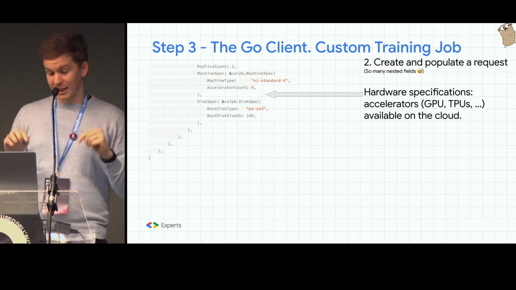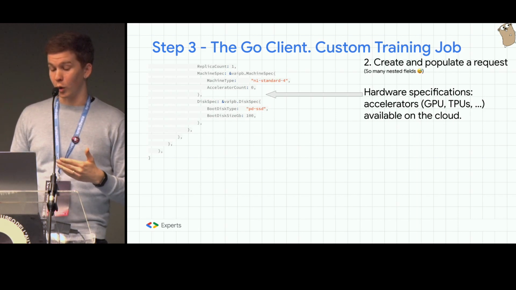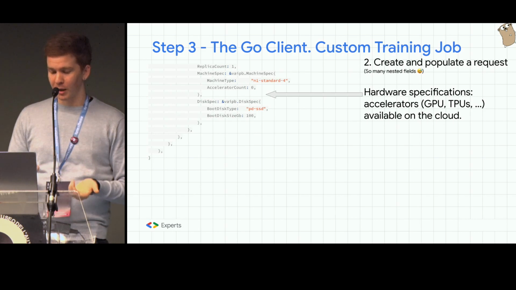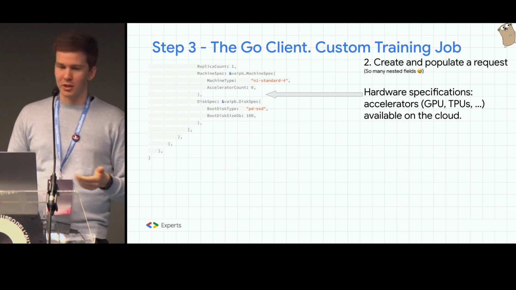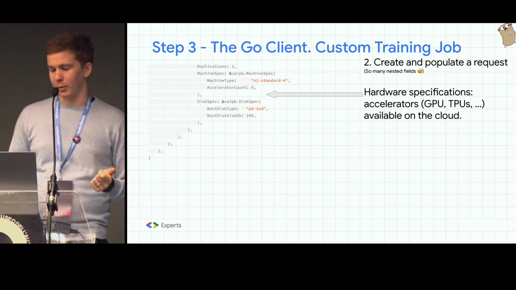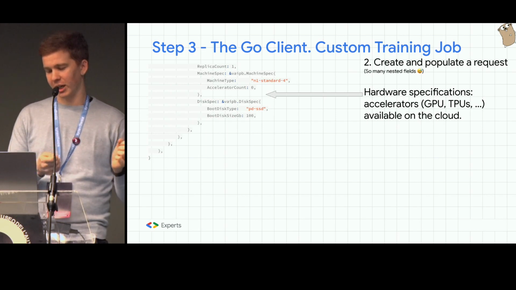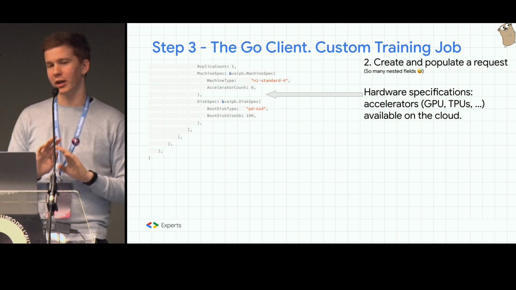Then we can set the hardware. There are these machine specs that are the specification of the training machine. These machine types have a huge list in the Google Cloud documentation. In this case, we have just a single standard machine with little RAM and no accelerators.